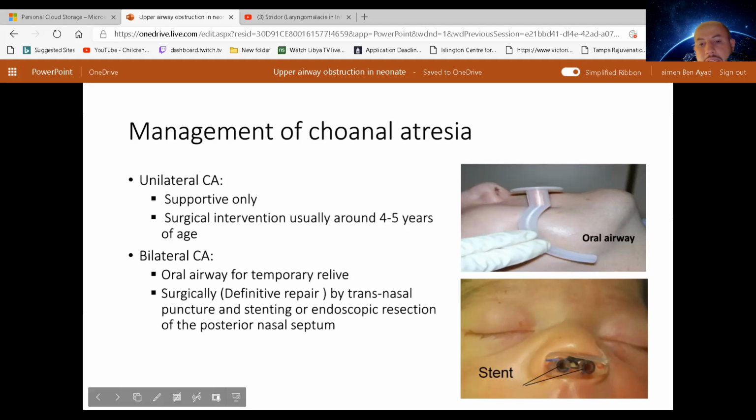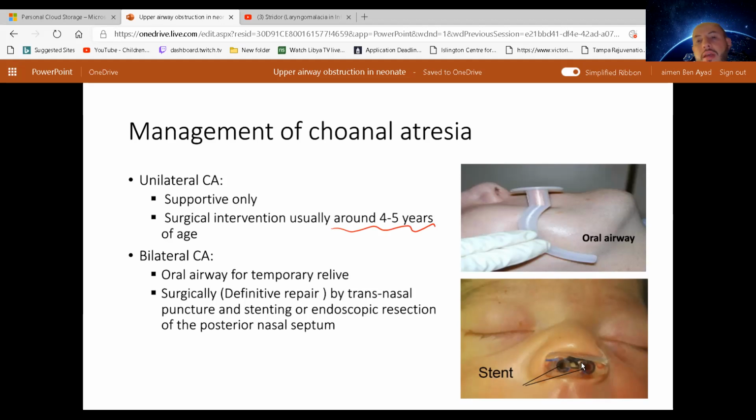You can see the stent. If the baby presents with unilateral choanal atresia, as I said, usually intermittent, otherwise the baby looks fine, then you can wait with supportive management only, and usually the surgery is around 4 to 5 years of age.